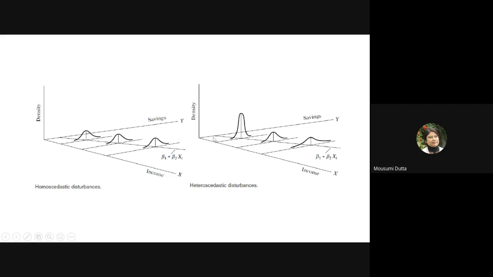So this is the presence of heteroscedasticity, non-homogeneous variability of the observations from the mean. And here, equal spread of observations from the mean we are getting as we are walking along the line. Okay. So the left-hand side is the example of homoscedasticity, the right-hand side is the example of heteroscedasticity.